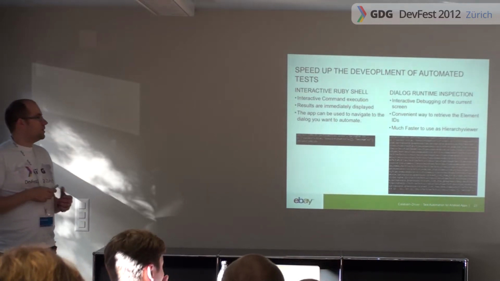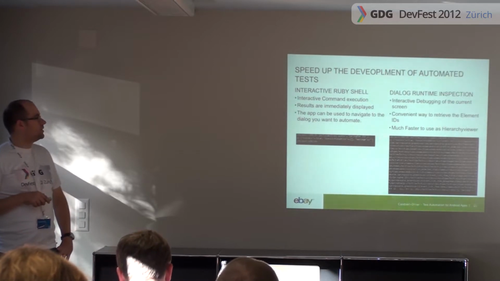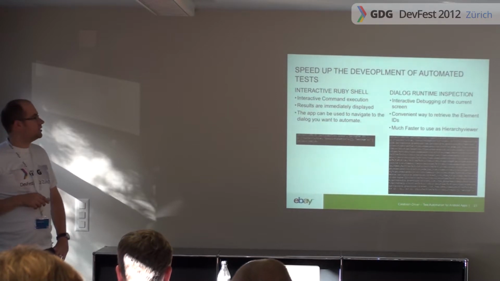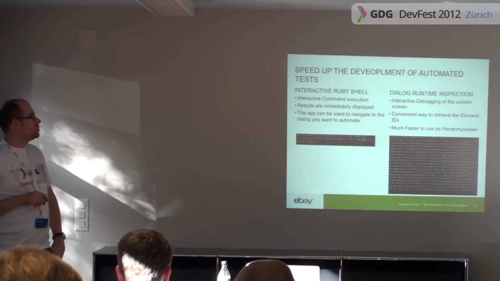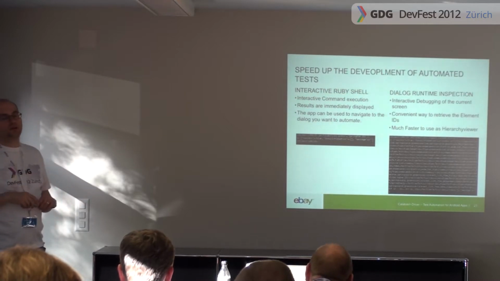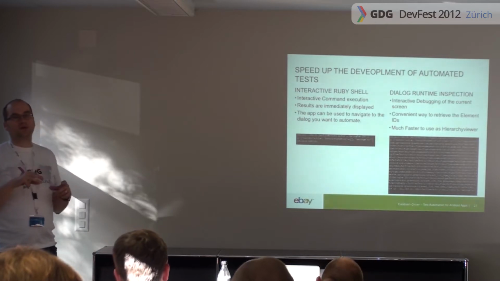With Calabash Android I've also configured an IRB shell, so you can open the shell, then the app in the emulator is started automatically, and then you can try commands out.